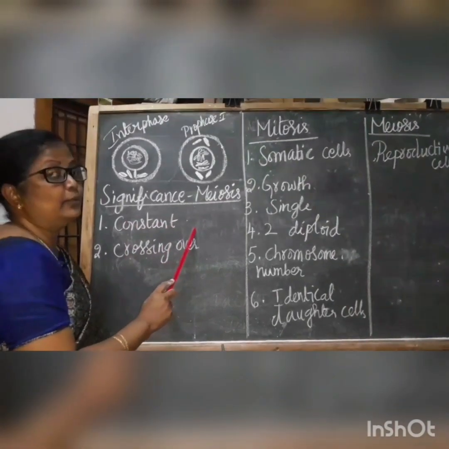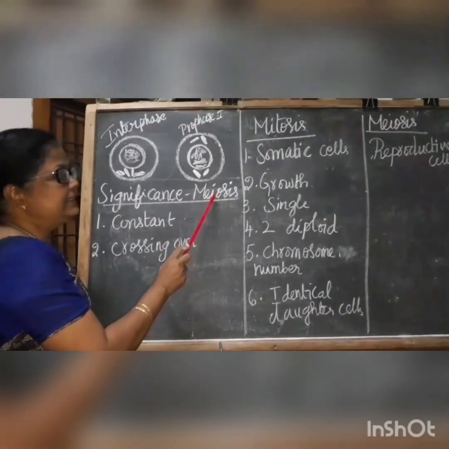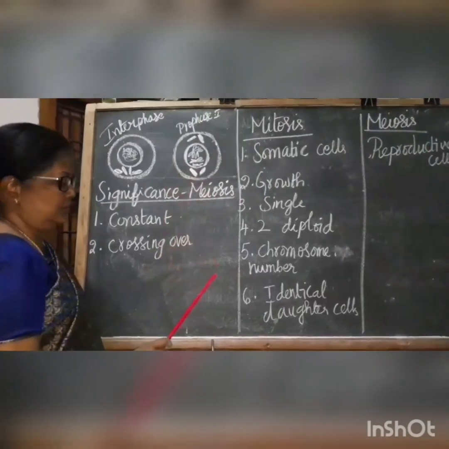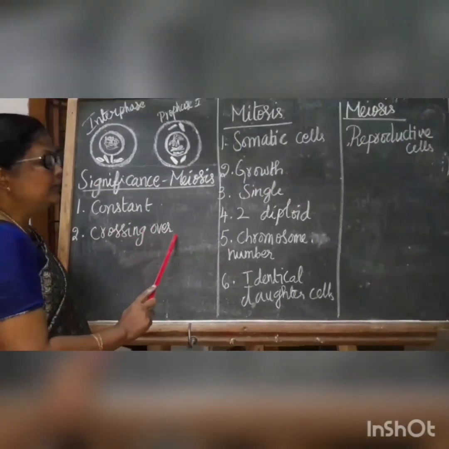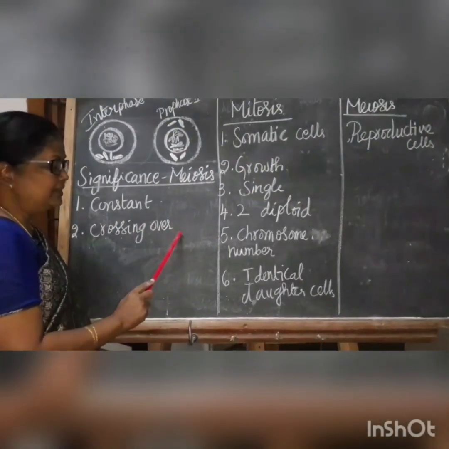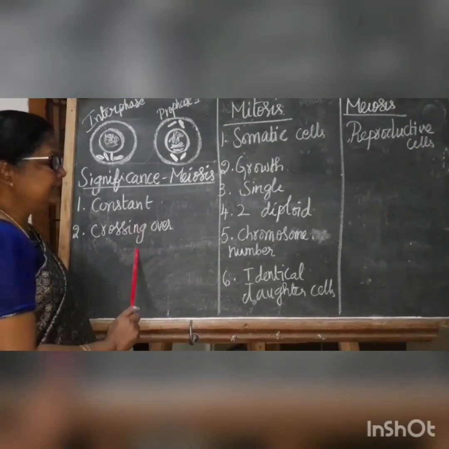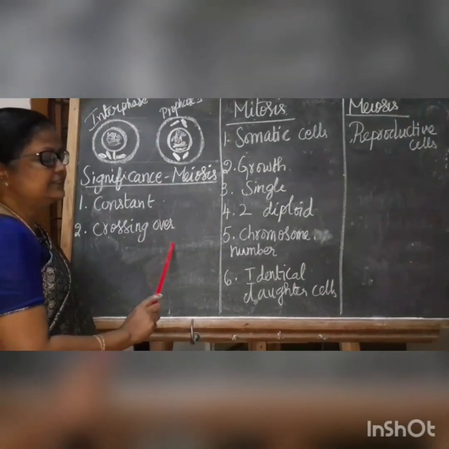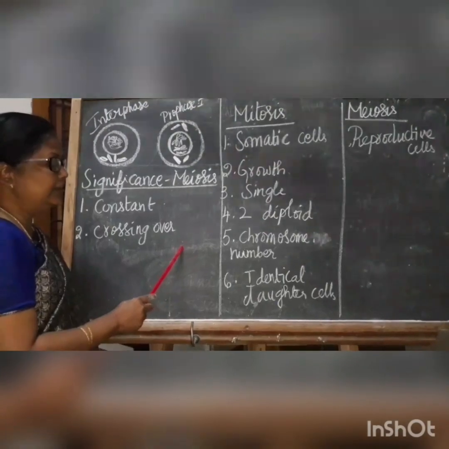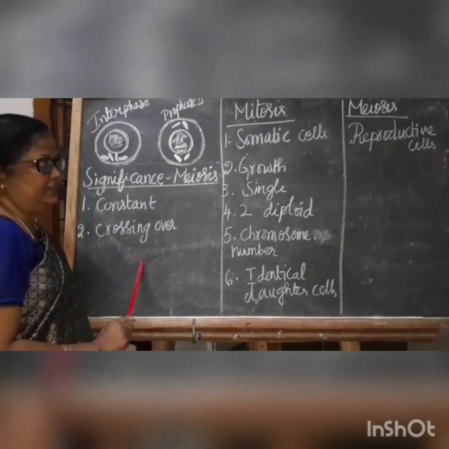A constant number of chromosomes is maintained in the meiosis division. Here the crossing over takes place. So, because of that, you can see the characters will be changed from one generation to another generation.